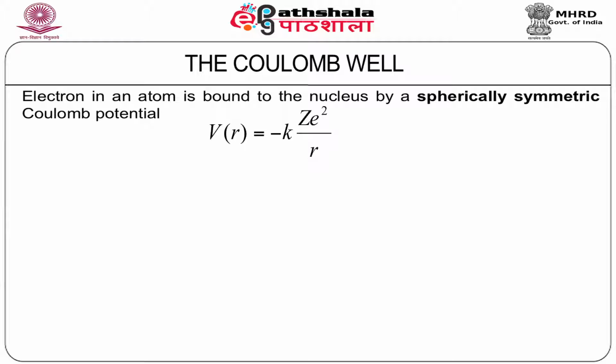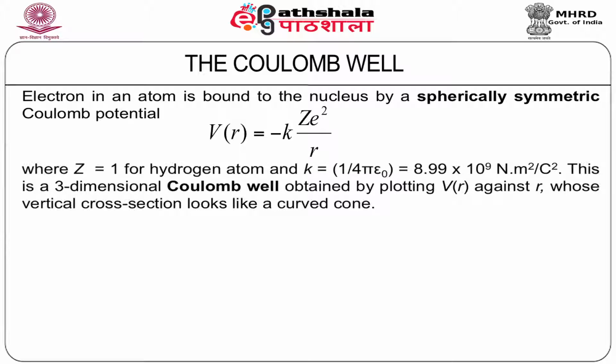It's a function only of r, and it doesn't depend on theta and phi. So in this equation, if you put Z equal to 1, this will describe the potential for a hydrogen atom, and k, which is the Coulomb constant, is equal to 8.99 into 10 to the power 9 units.